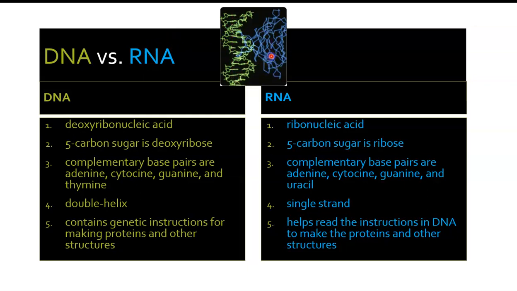RNA is single-stranded. Instead of using thymine, RNA has uracil as one of its complementary bases, its nitrogenous base. And then, of course, RNA is not like the keeper of the code. RNA just helps read your genetic code.